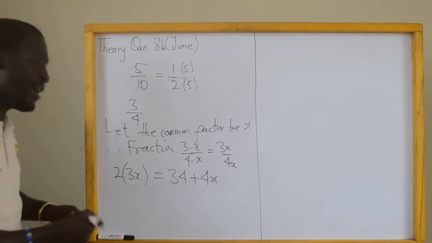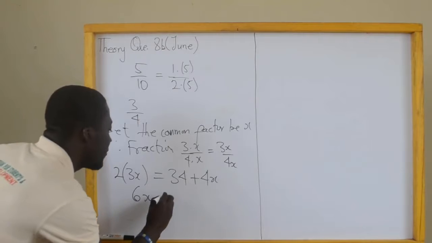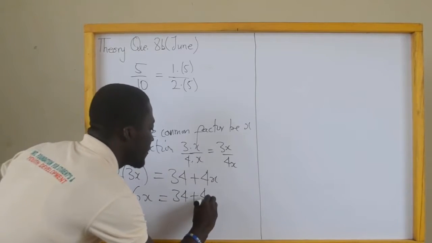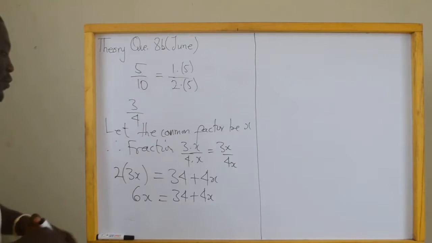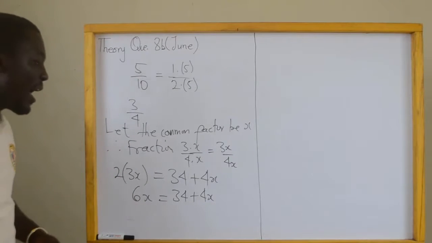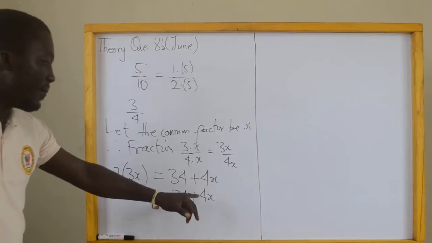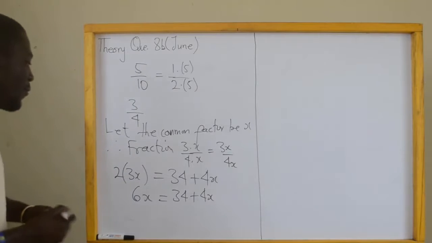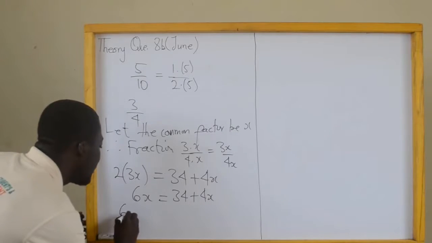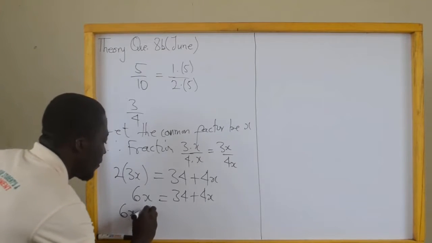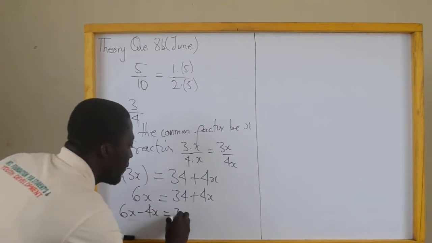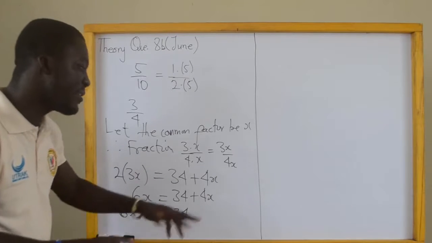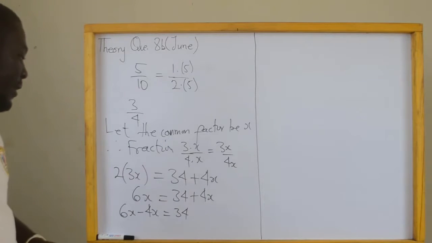Now we have a simple mathematical equation to solve. 2 times 3x gives 6x, which is equal to 34 plus 4x. We want to make x the subject, so we add the inverse of 4x to both sides, which gives us 6x minus 4x equals 34. Adding negative 4x cancels the positive 4x.